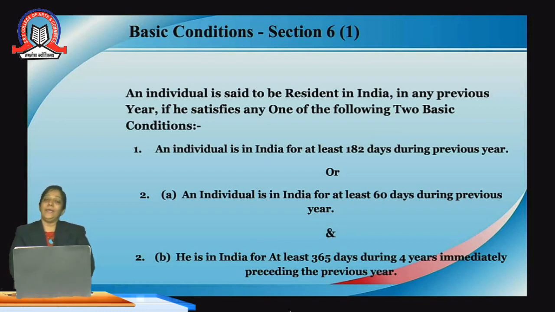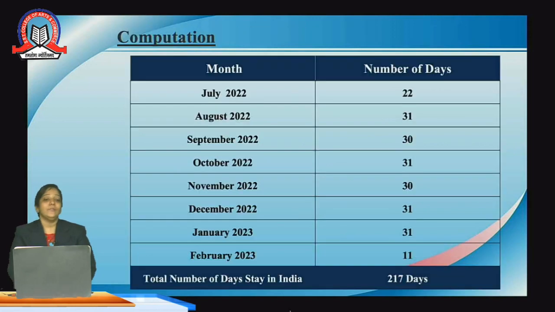Either he may be in India for more than 182 days, or if not, then we need to see whether he was in India for at least 60 days, along with which he should be in India for at least 365 days during the 4 years immediately preceding the previous year. Now, we will calculate how many days he was in India for the previous year 2022-23.